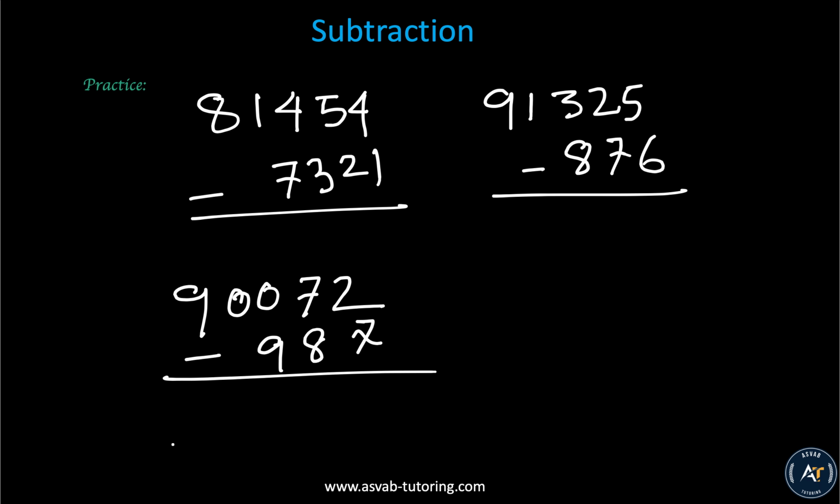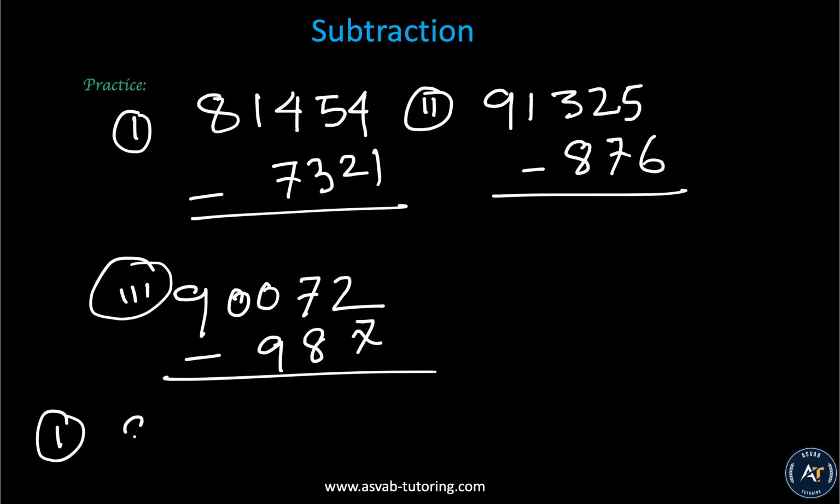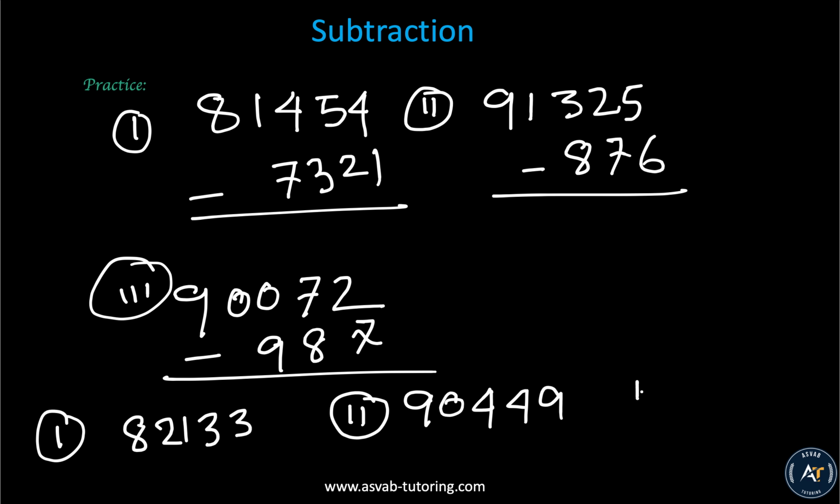So the answers for all of those: this is 1, this one is 2, this one is 3. So the answer for 1 is 82,133. For the 2, the answer is 90,449.